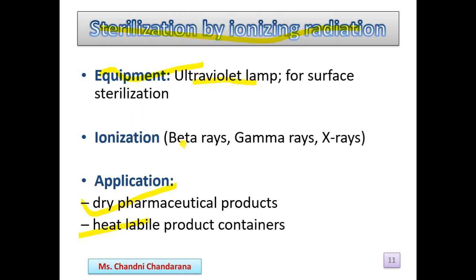For ionization we can use beta rays, gamma rays as well as X-rays. This is the technique of sterilization by ionizing radiation. Here the effect of radiation on the product and its container will be there. That's why this technique has this disadvantage.